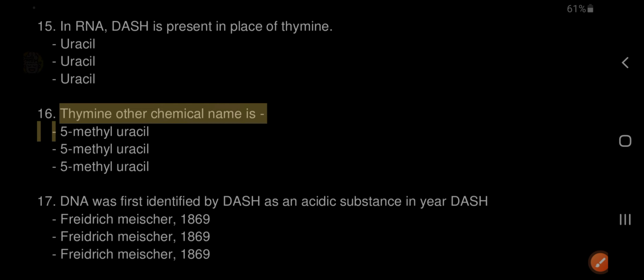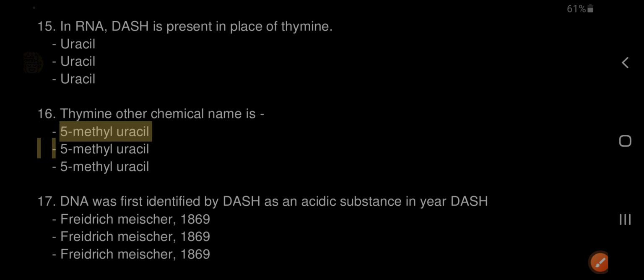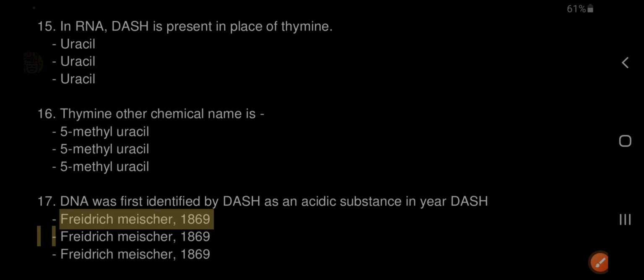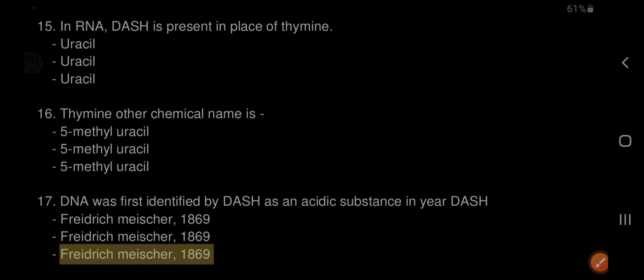16. Thymine's other chemical name is 5-methyl uracil. 17. DNA was first identified by dash as an acidic substance in year dash. Friedrich Miescher, 1869. 18.